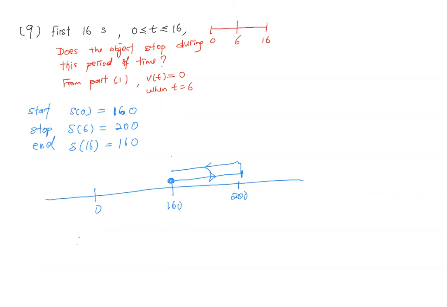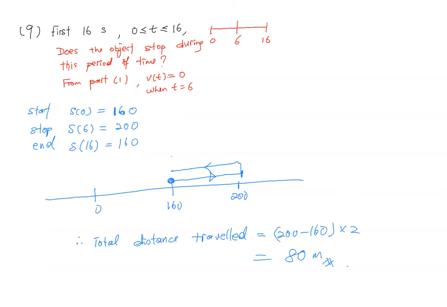So therefore, the total distance traveled in this case happens to be the same forward and backward, so you can just take 200 minus 160 times 2. That is 80. Are you okay?